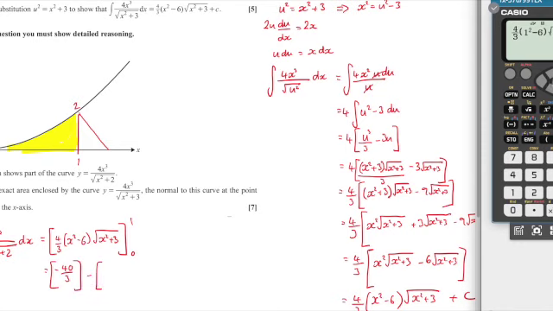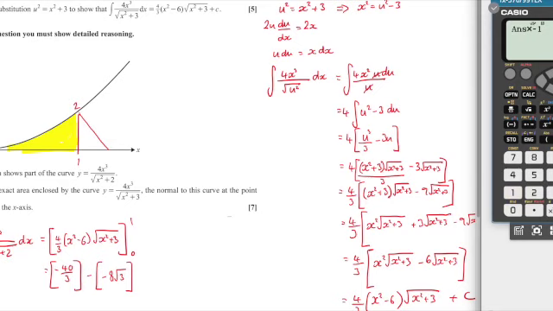Minus, let's pop the zeros in there. Minus 8 root 3. So times that by minus 1.